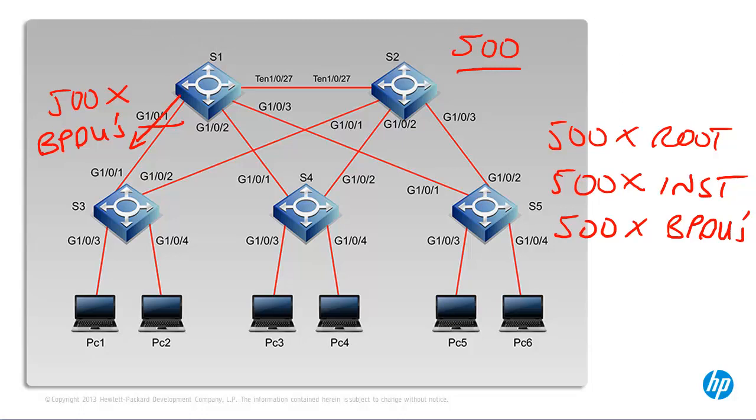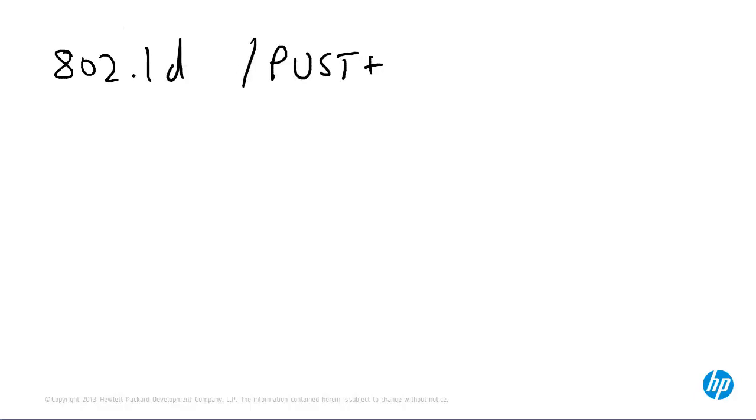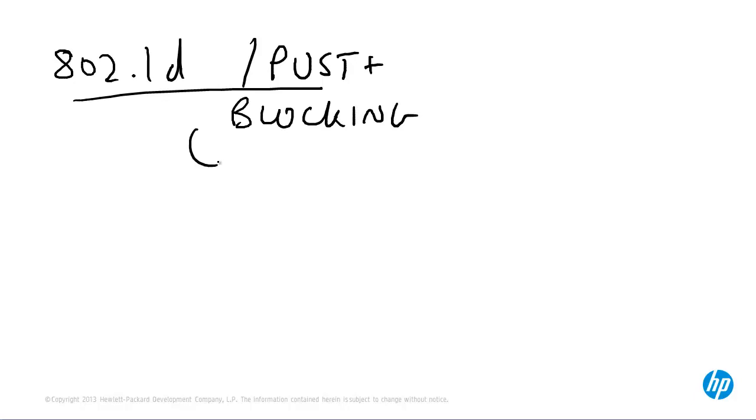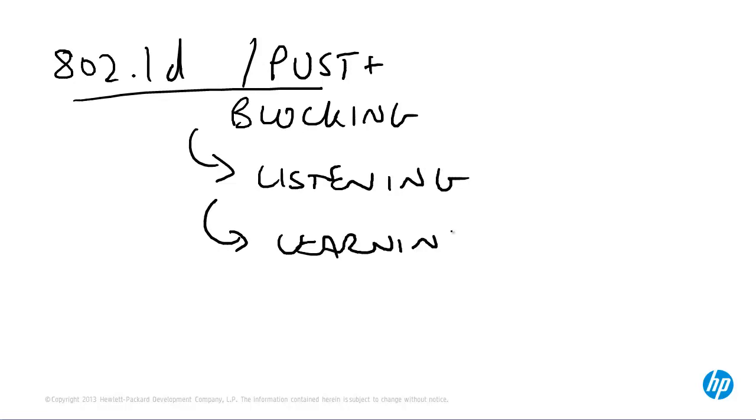Another disadvantage of PVST is time. In the same way as 802.1d, PVST used timers to determine if a port should be forwarding or blocking. So ports went from the blocking state to the listening state to the learning state, and then if there were no loops, they went to the forwarding state.